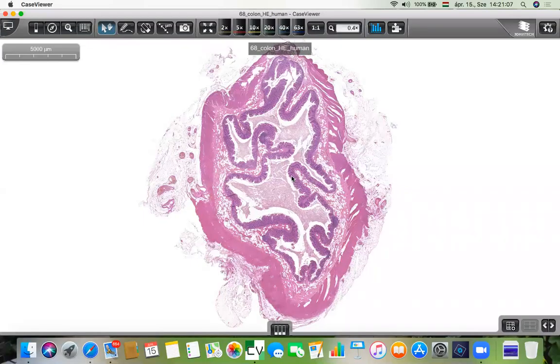So the colon represents neither Kerckring folds nor villi. We can see similar structures, but they are just mucosal folds, not typical Kerckring folds, not long circular folds. So they are just mucosal folds, no Kerckring folds, and no villi are presented.